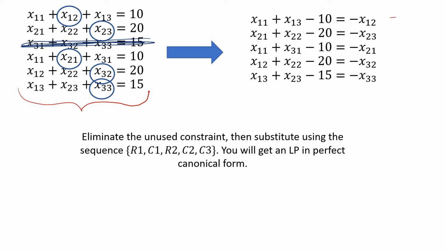Through basic substitution, I can get x12 equals something, x23 equals something, x21 equals something, and so on, where these variables on the right-hand side are gone from the left-hand side. So everything on the left-hand side are my non-basic variables. The things on the right-hand side are my basic variables. So you can see how this is working out the same way that a linear program works with the simplex method.